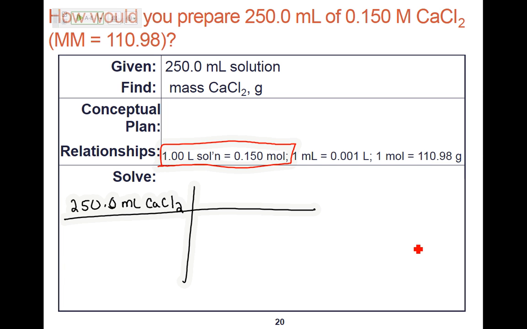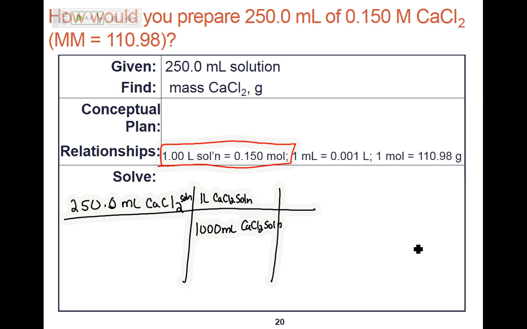But remember that relationship is in liters, so I first have to convert this to liters. And SOLN is just my shorthand for solution, because I'm not going to write out solution every time.